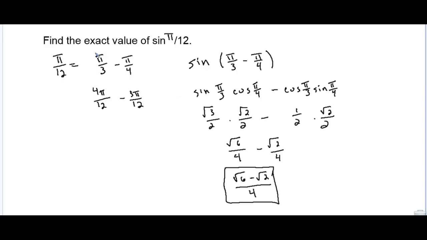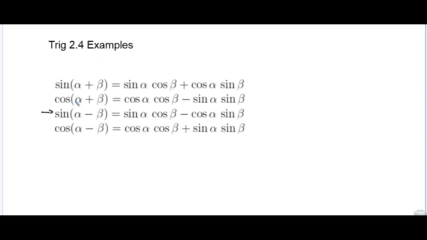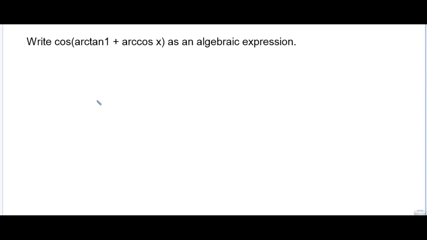Kind of going back to our original one right here, we have cosine and we're adding two things together, right? So you can kind of think of this one as alpha and this one as beta. Then we can say when we're adding cosines, this is the same as cosine alpha, which is arctangent of 1, times cosine beta, which is cosine of arc cosine of x.